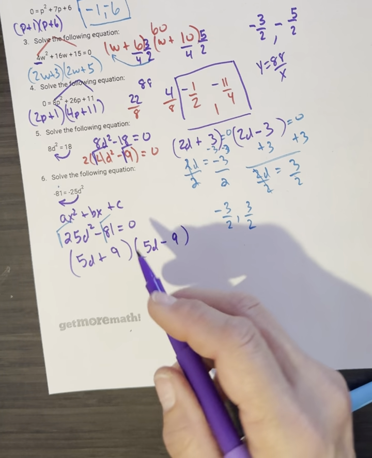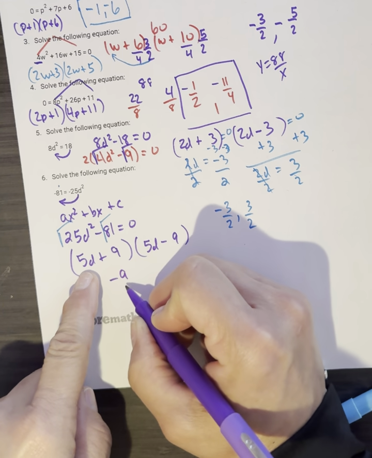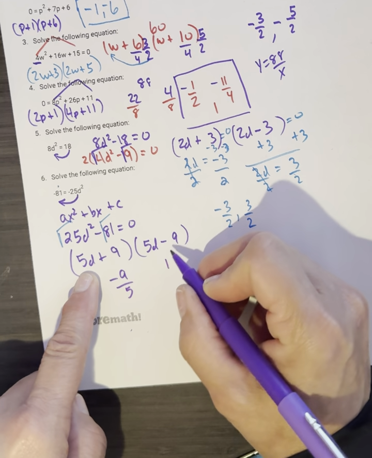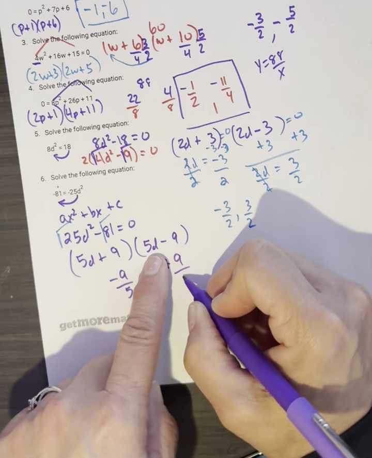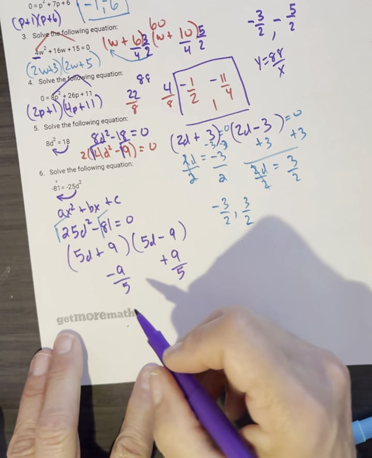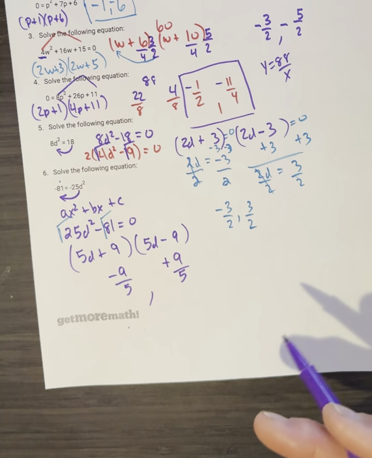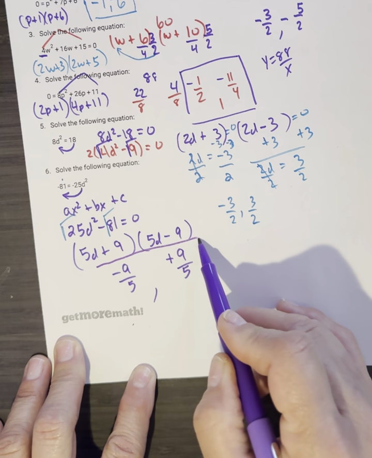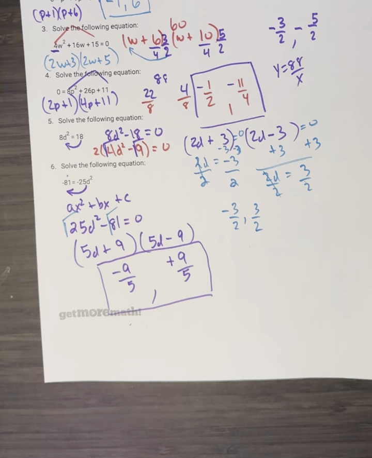Opposite of adding 9 is subtracting 9, and then divide by whatever's in front of D. So, and then plus, opposite of subtraction is adding, and then divide by 5. And because they're the same but opposite, when you change them to opposite, you still get the same two answers. So you can just leave them. And we've got one more.